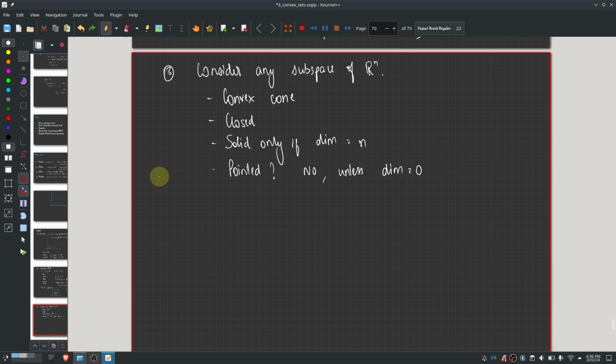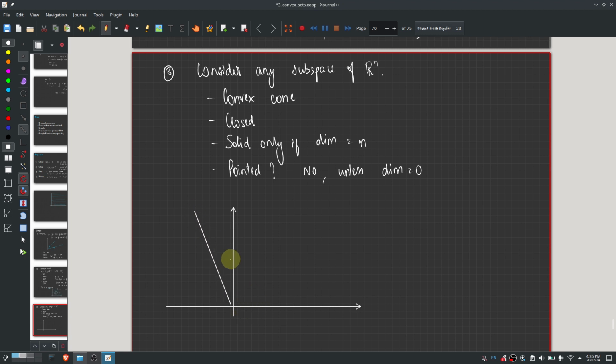Okay, so in R2, suppose I had to draw a cone, what would it look like? Right.